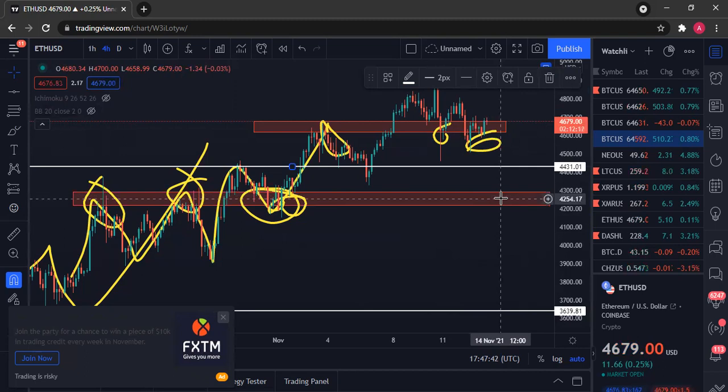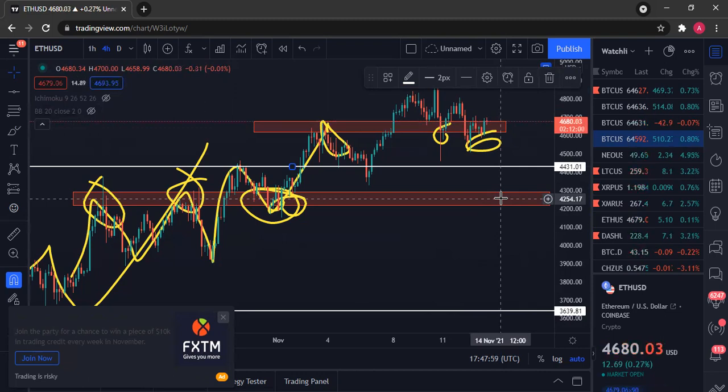When that particular zone has been used 2 or more times in the previous period, do you understand, and it is now serving as maybe support or resistance in the present period, that particular level is a very strong level.